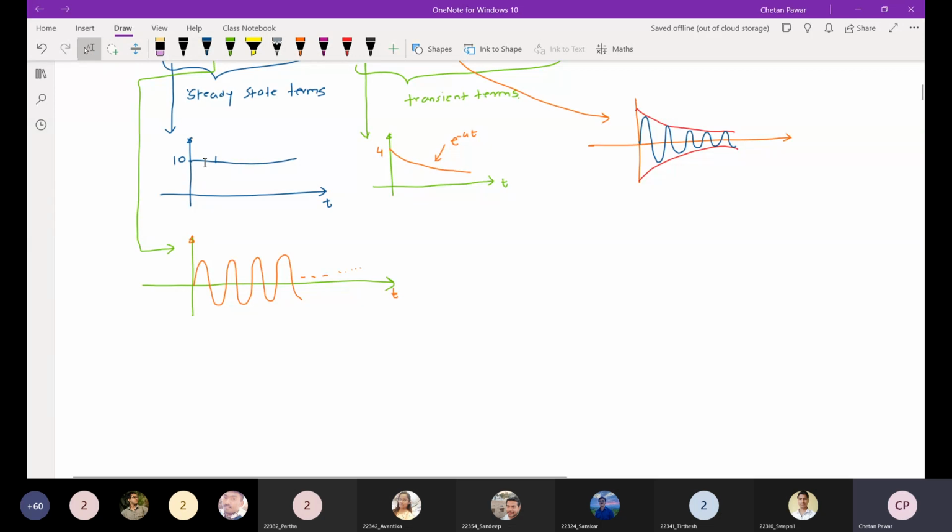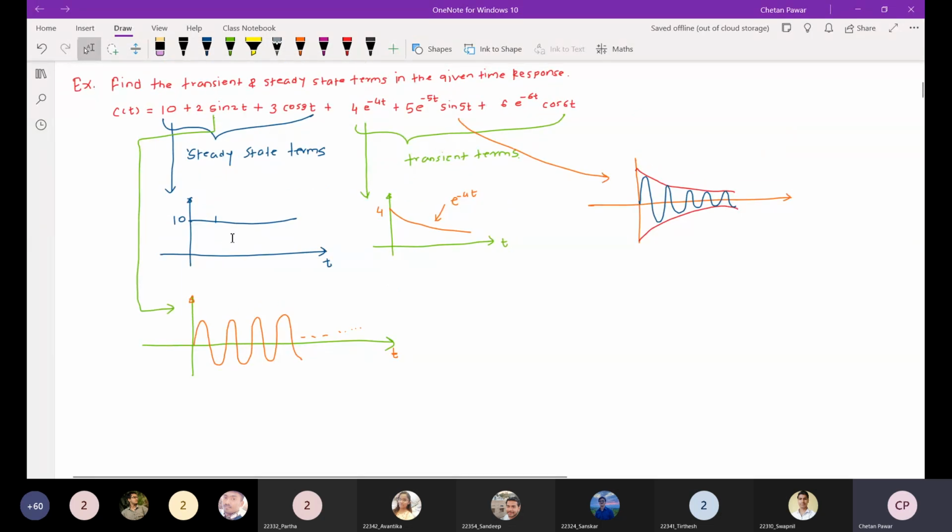Okay, what is the pole location for this particular signal, this step signal, in S domain?